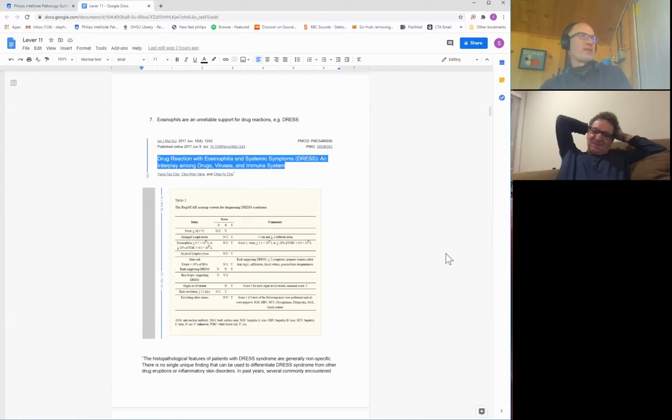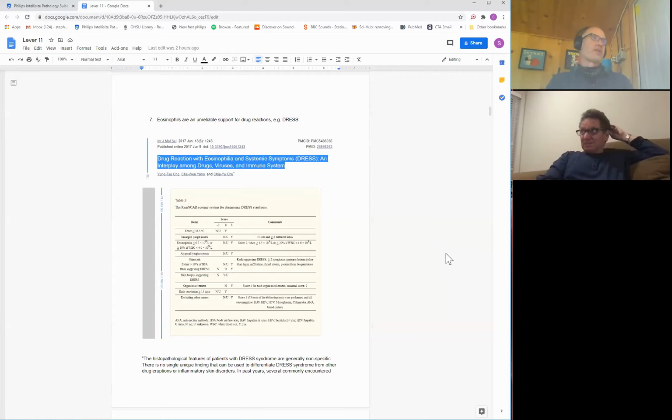One of the other main points is people think, well, eosinophils are a marker of a drug reaction, and if they're absent, it's less likely to be a drug eruption. If they're present, it's more likely. Well, that's not actually the case. And going back to point one, that a drug can produce any pattern means just that.